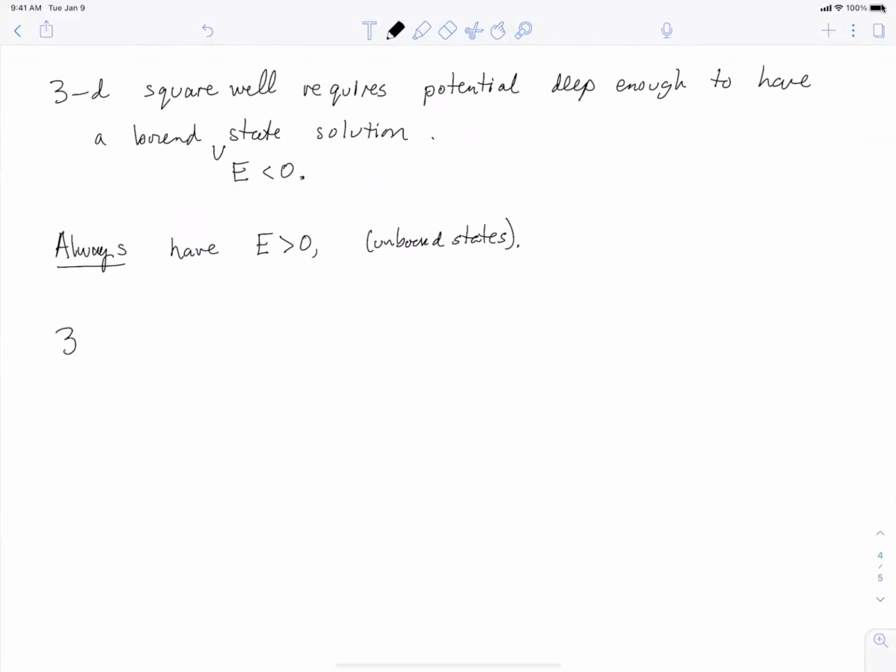So this is going to be the 3D isotropic harmonic oscillator, which we've already solved, but now we're going to find the bound state solutions in another basis. In particular, we're going to look at the complete set of commuting observables consisting of the Hamiltonian, L squared, and L sub z.